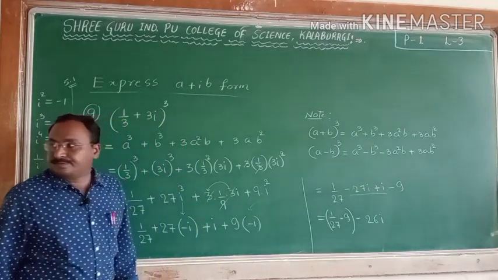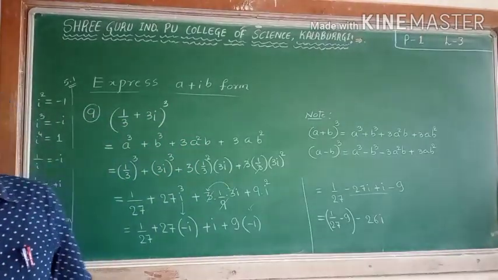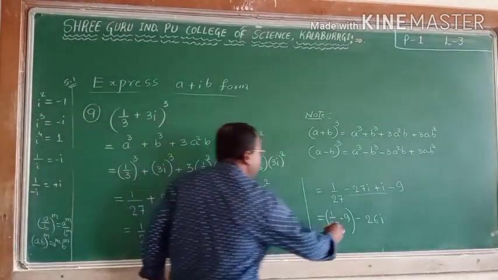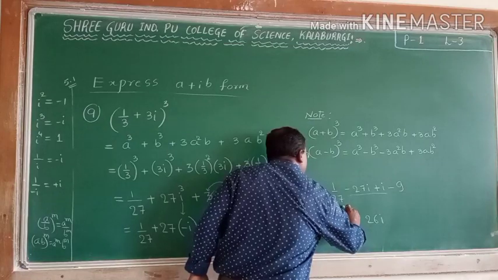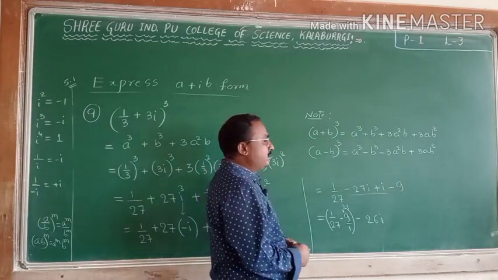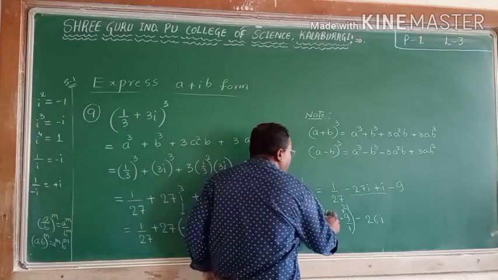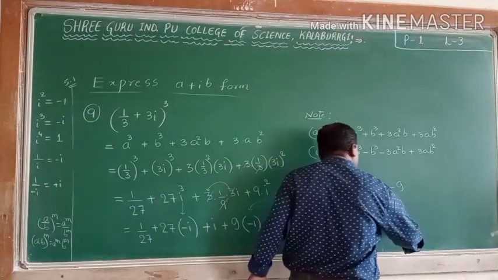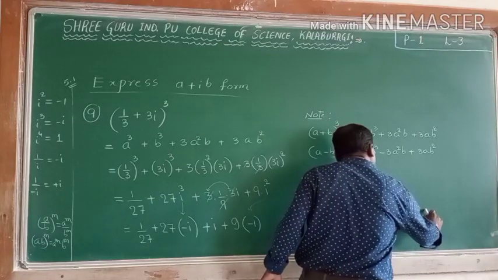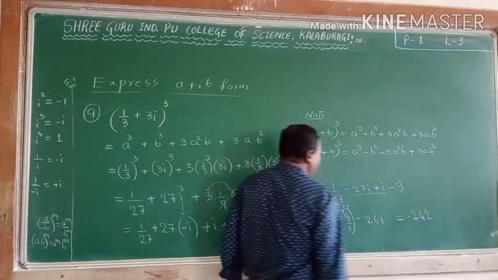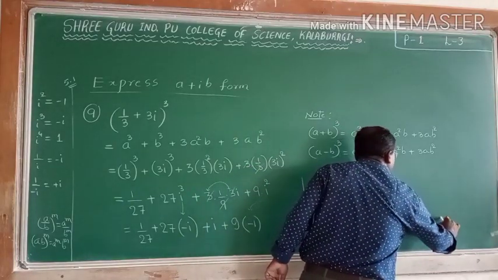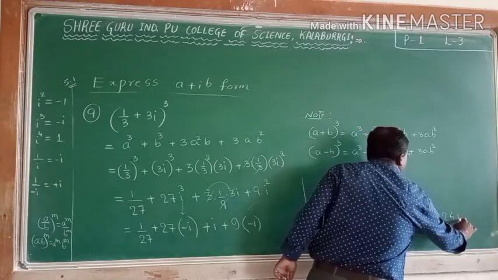Apply LCM. Here 27 is the LCM. 9 into 27 is 243, 1 minus 243 is minus 242 divided by 27, minus 26i.